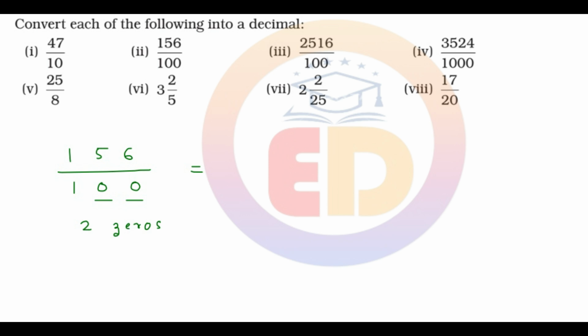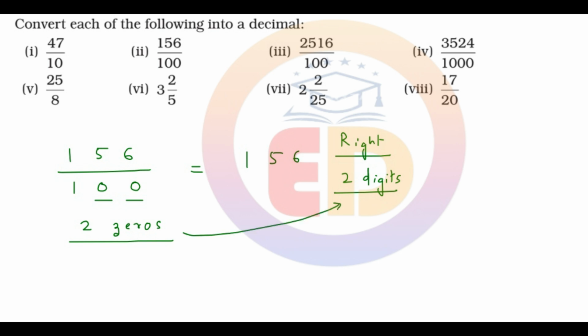Now since 100 has 2 zeros, we go to the numerator 156, and from the right side we will count 2 digits. Now why we will count 2 digits? Because in the denominator 100 there are 2 zeros.